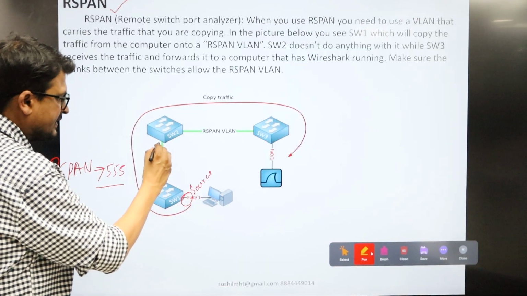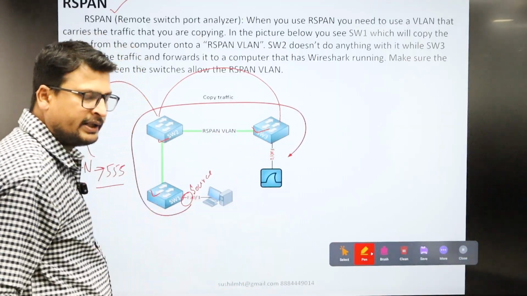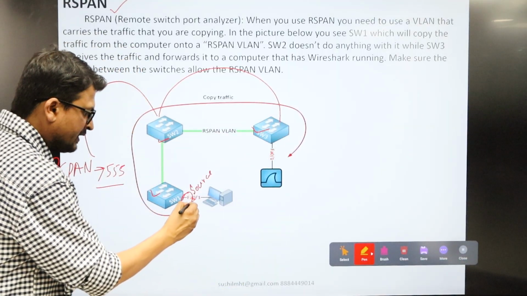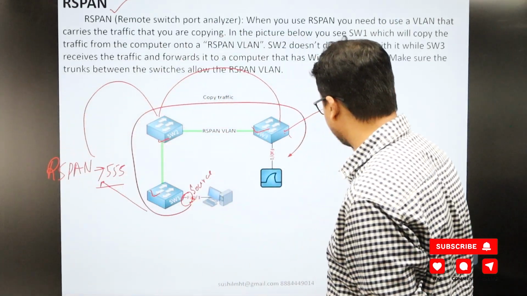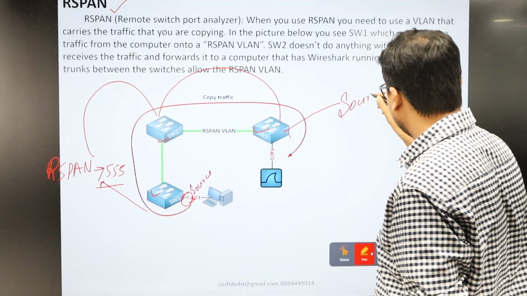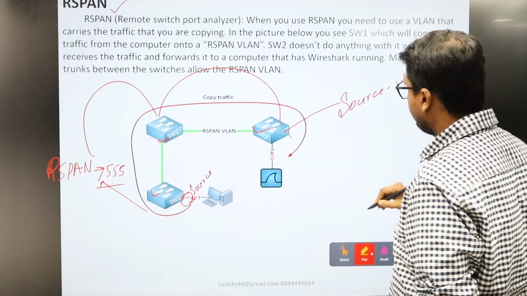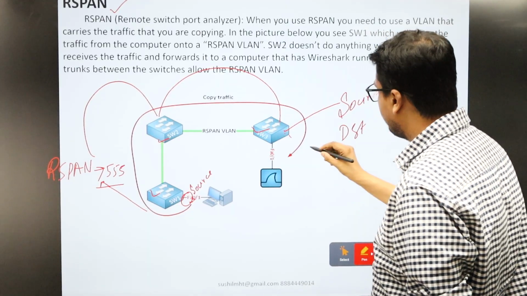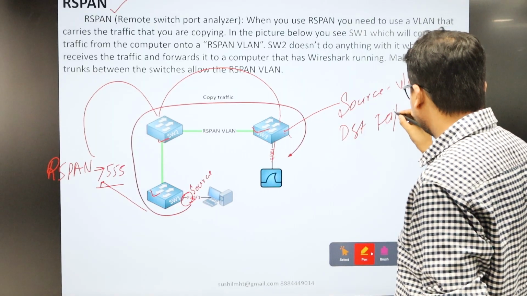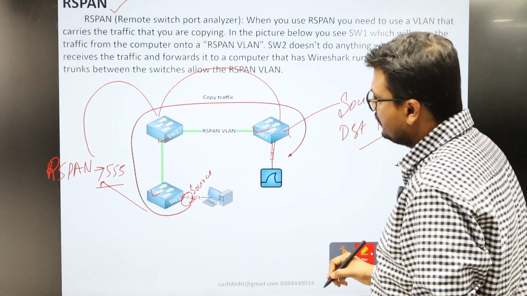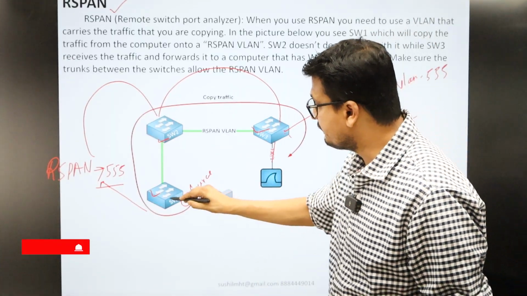So if this is the server and these are clients, this RSPAN VLAN will be propagated here, here, everywhere, right? So from here the packet will get generated, it will reach the RSPAN VLAN, and from the RSPAN VLAN, on this particular switch, I'll say my source is VLAN 555, right, and destination is my FA 0/1 interface.